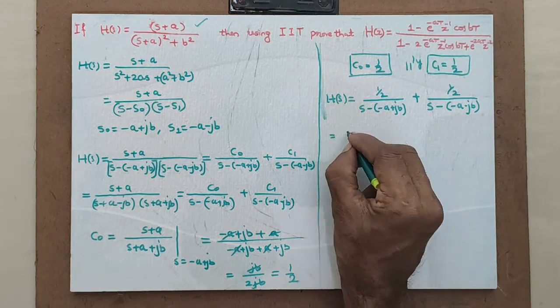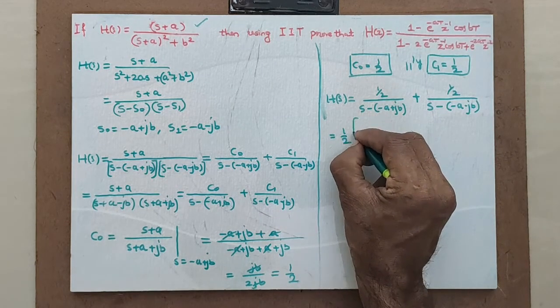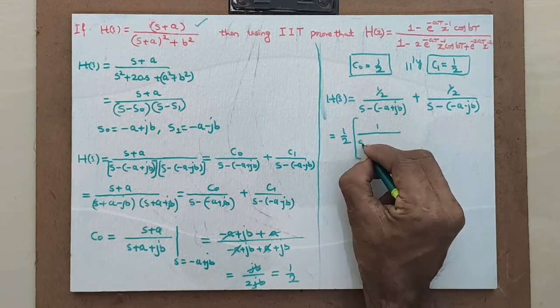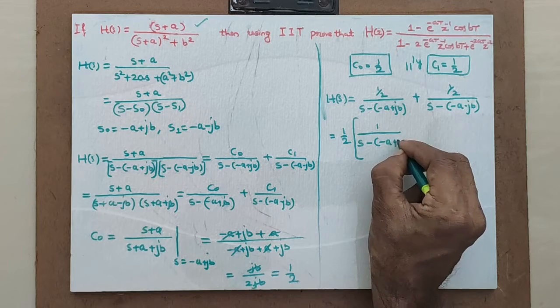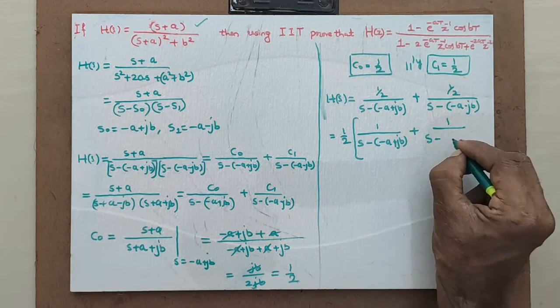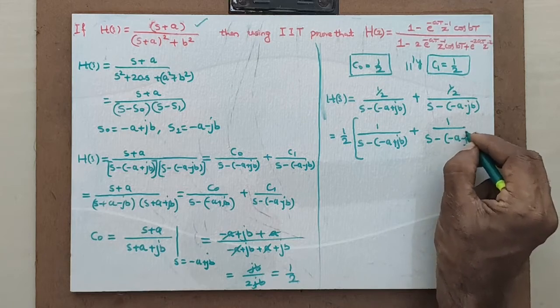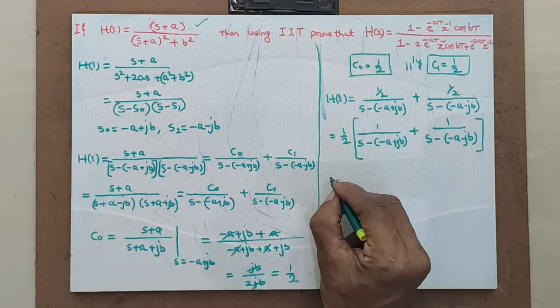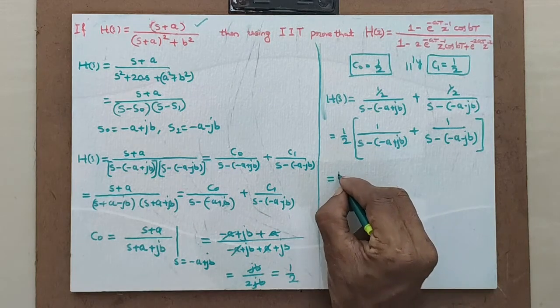I just keep half outside, then 1 divided by s minus s naught plus 1 divided by s minus s1. Now you know what to do: cross multiply and simplify.